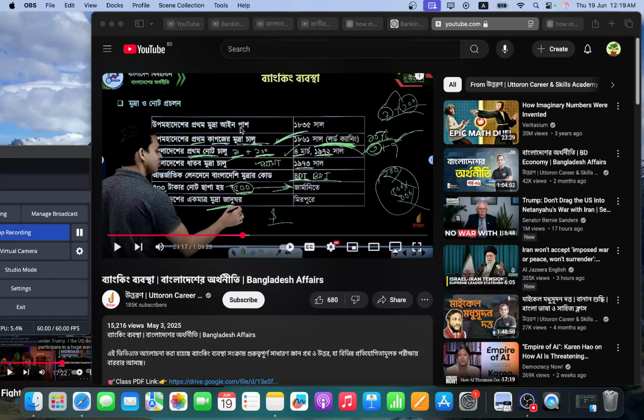So the first Mudra Ain was 1835. The first person to actually use notes was Lord Canning, 1861. Okay, a long time ago. Bangladesh's first note was issued on 4th March 1972.